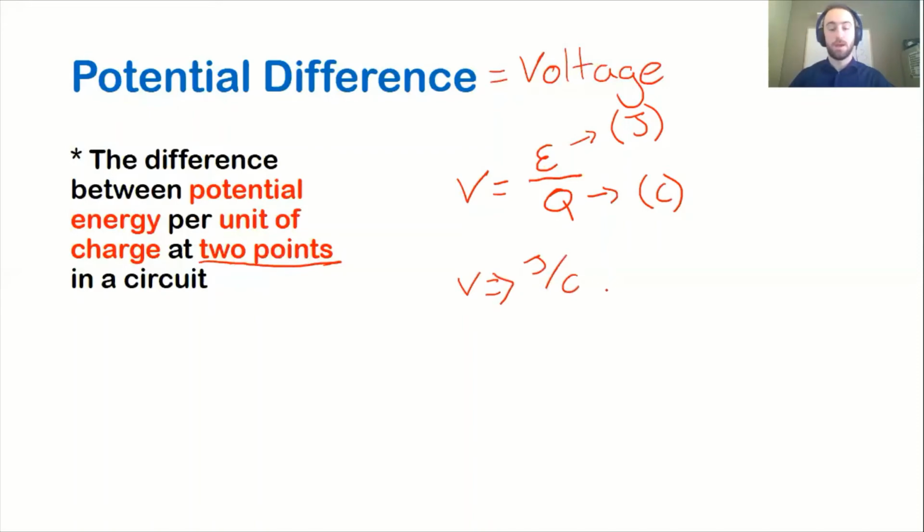Now joules per coulomb is also just volts. So our voltage is in units volts. But this is the formula that we need to remember: voltage is equal to the energy divided by the total charge.